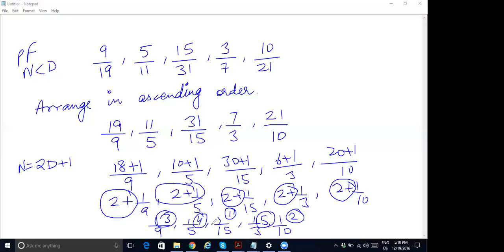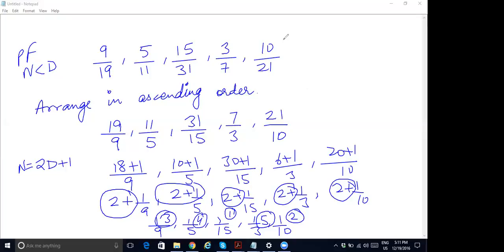But we have taken reciprocals, so we have to take reciprocals again. Or we don't even need to do that. Whatever is smallest here will be the greatest in the actual fraction given.